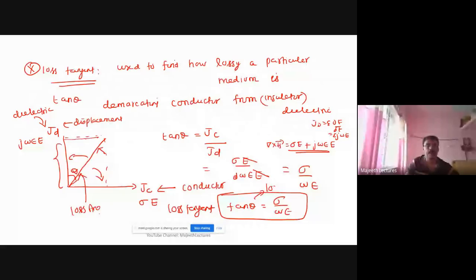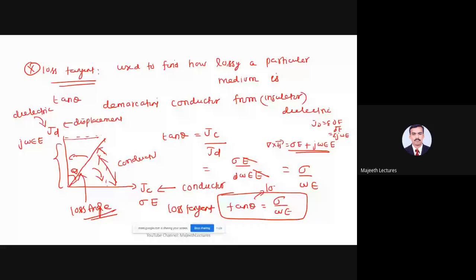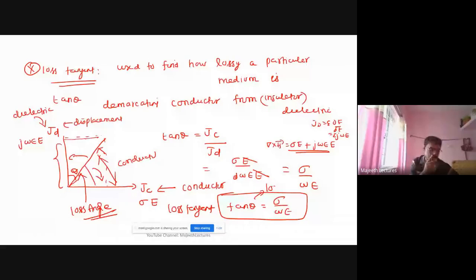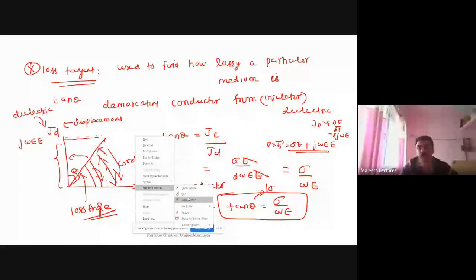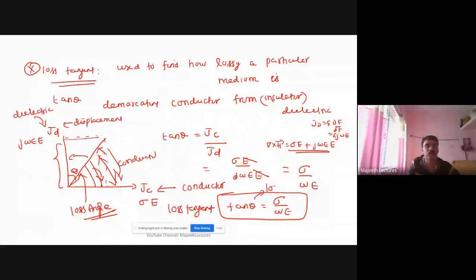Whatever is on this side is conductor. Beyond this boundary, this is dielectric. So this is the conducting area. This is a very, very important point. Next question: if theta is very small, theta will be like this.